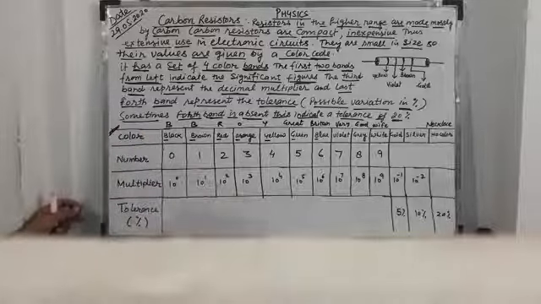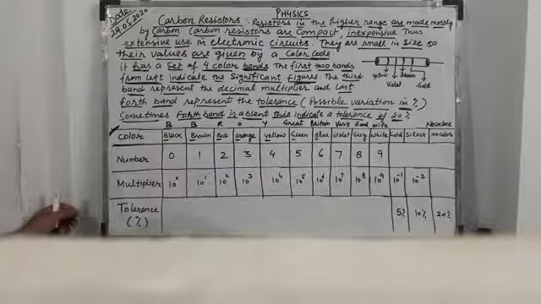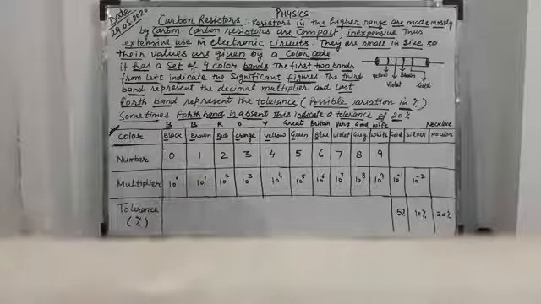Now please go through this color code table. The first row is of color, second is number, third is multiplier, and fourth is tolerance.